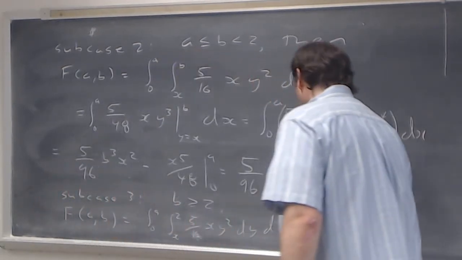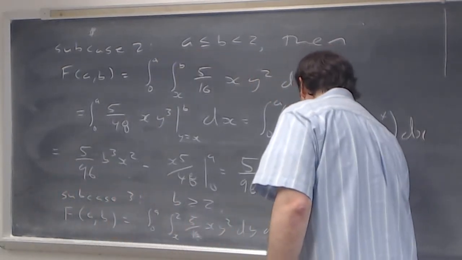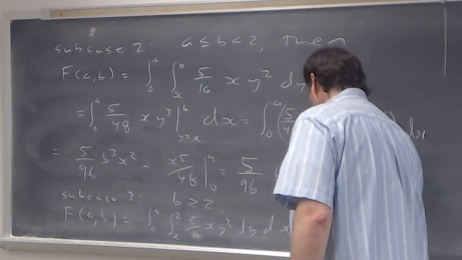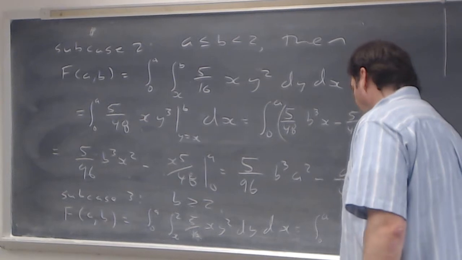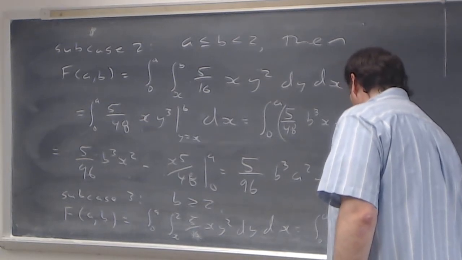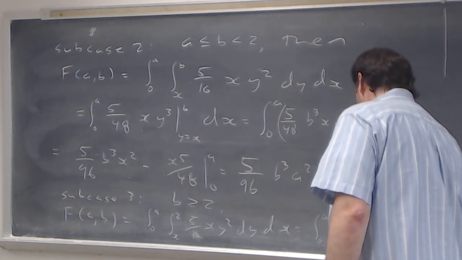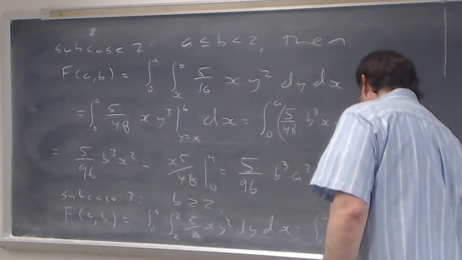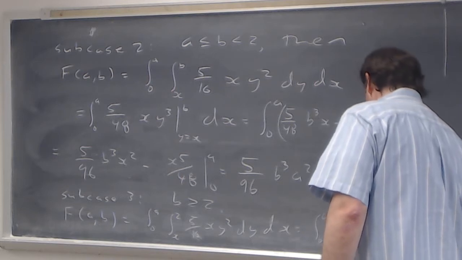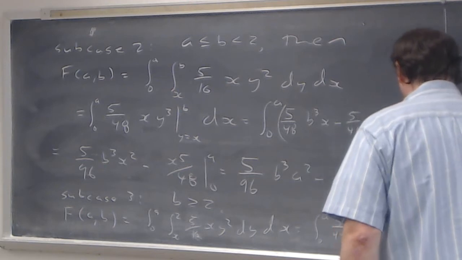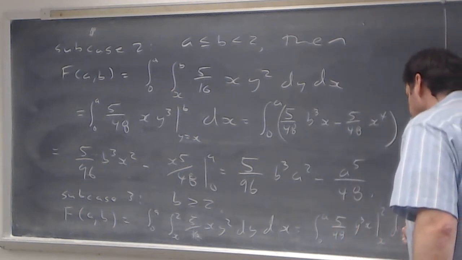Okay. And so this is going to be the integral from 0 to a. We're integrating with respect to y, so this is going to be 5 over 48 y to the 3rd x, and we need to evaluate that as y goes from x to 2, dy dx.